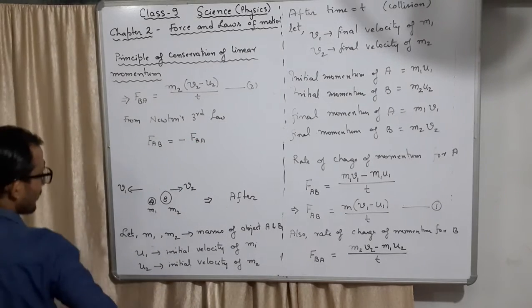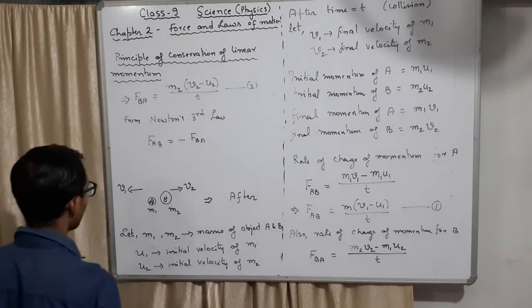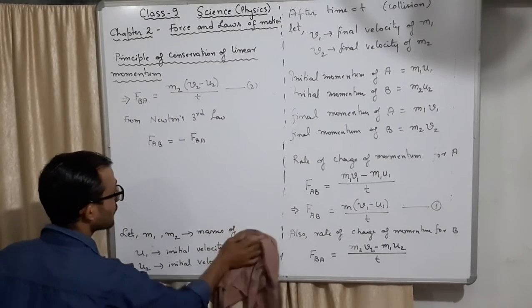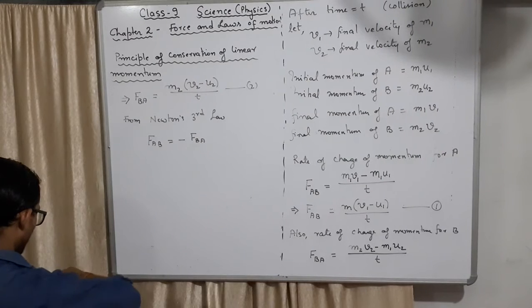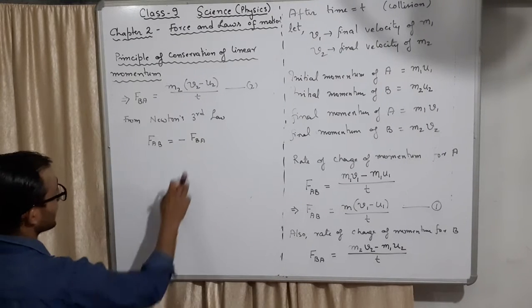They are equal and opposite. Force on A due to B and force on B due to A are exactly equal and opposite in direction, so the minus sign came.